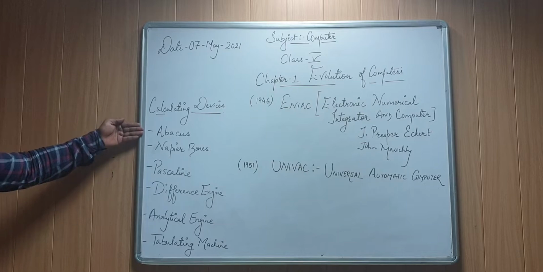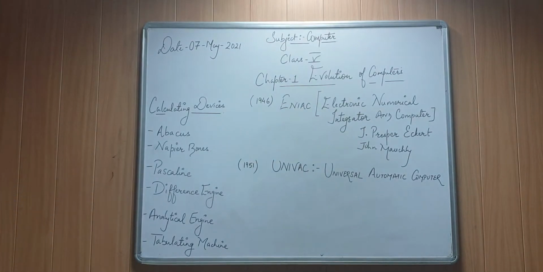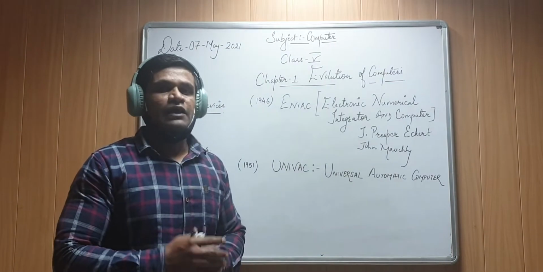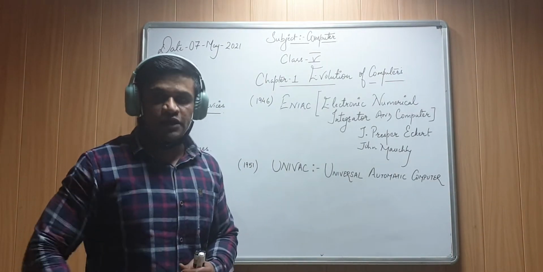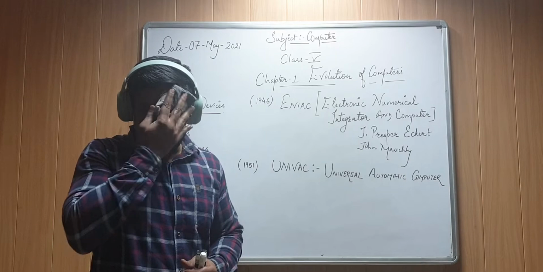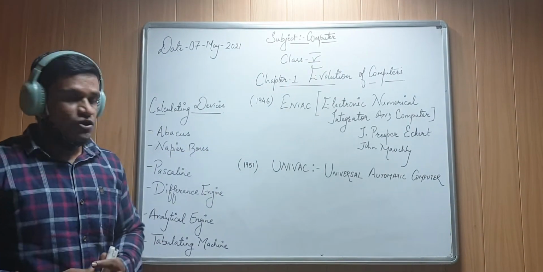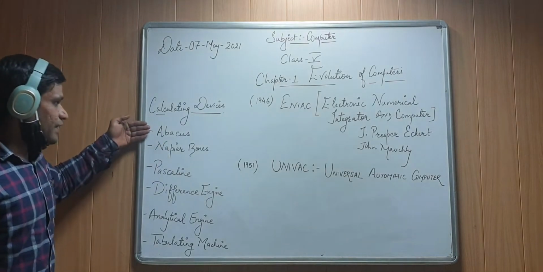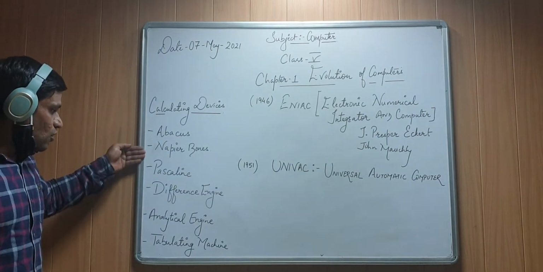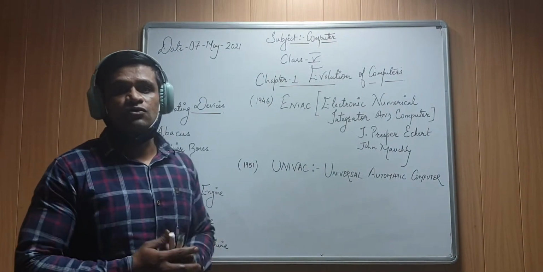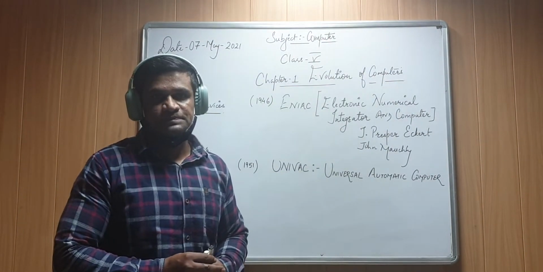We had discussed these 6 calculating devices in our previous class. In case anybody has not attended the previous class, we have shared the YouTube links of that class. You can go and watch where I have elaborated all these calculating devices, what they are and how they were being used.